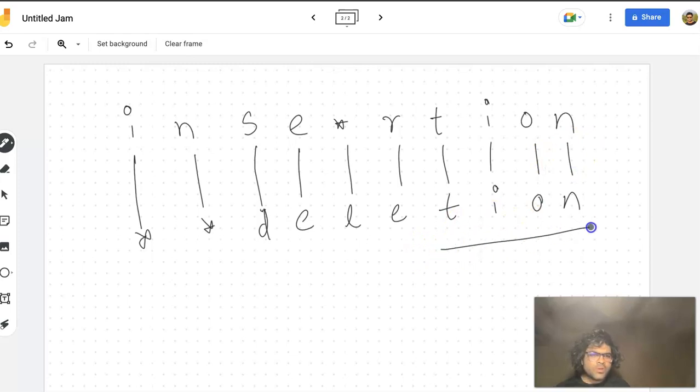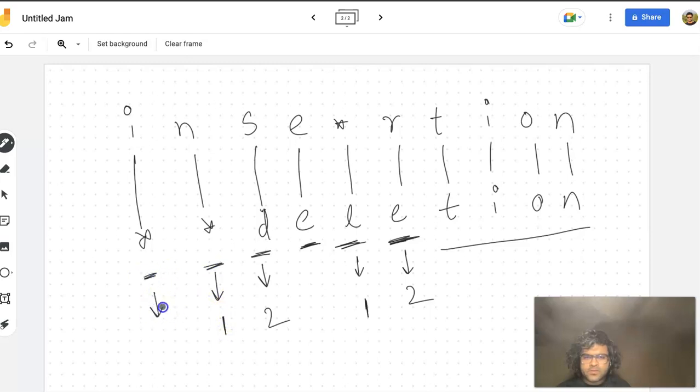So these are substitution operations, but with zero cost. But this is a substitution with cost 2. This is a deletion operation with cost 1. This is a zero cost substitution. This is a 2 cost substitution. This is a deletion. This is also a deletion. So the total is 1, 1, 2, 4, 5, 2, 7.